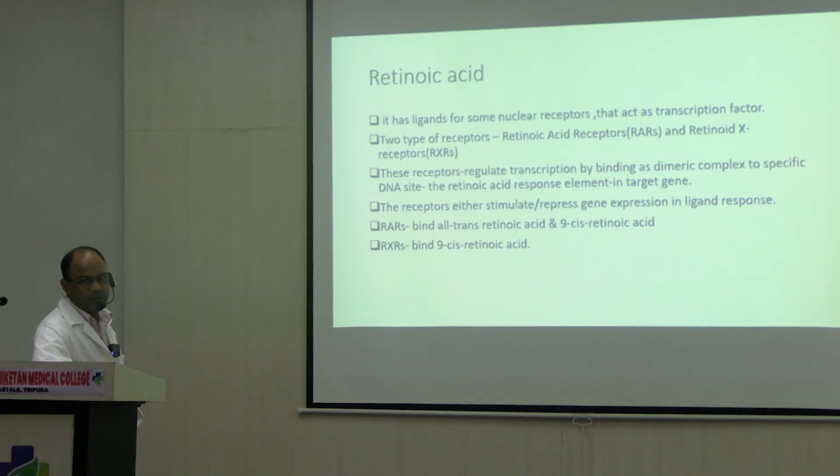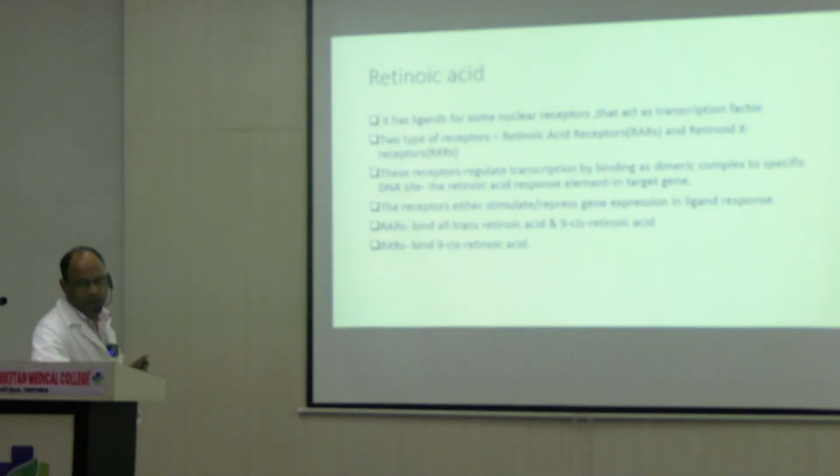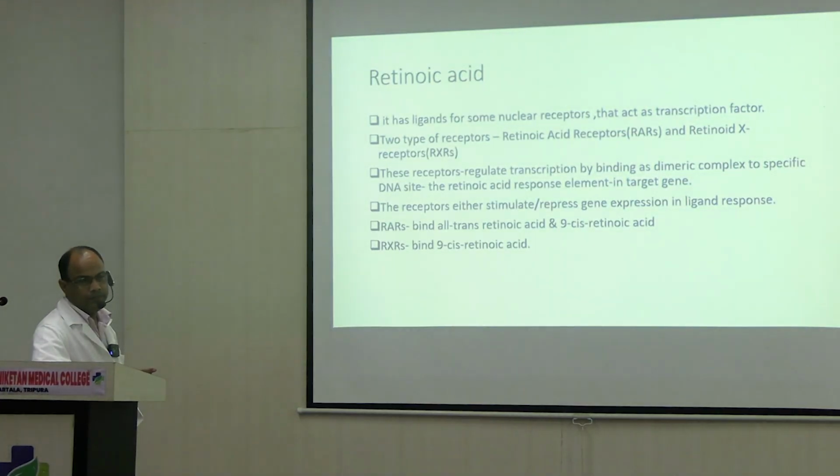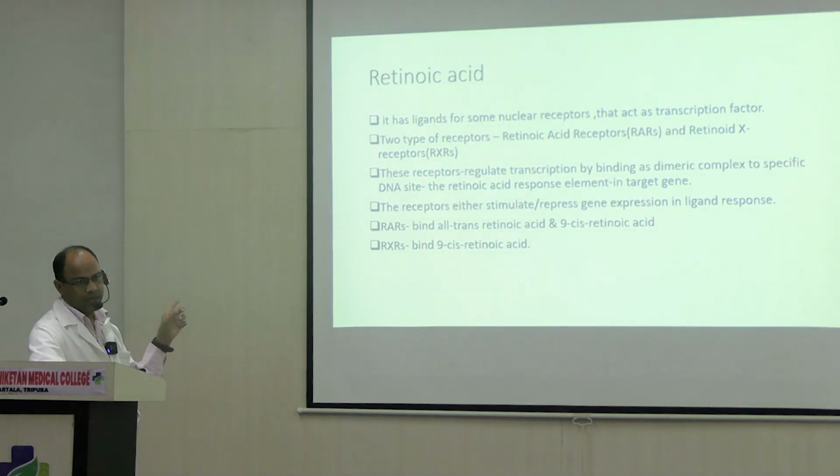What is transcription? DNA to RNA. This is called transcription. In order to do that, you need some factor. This factor binds with a specific site of DNA, that is the gene, then either activates or represses the gene, and accordingly the product is produced.